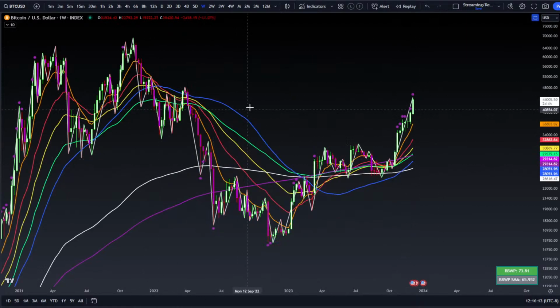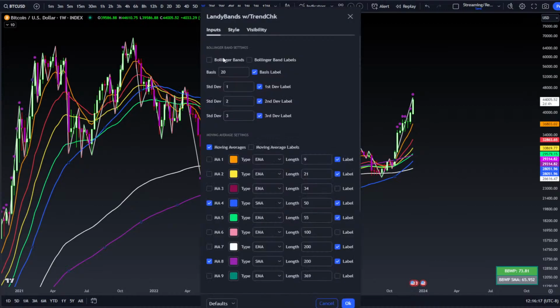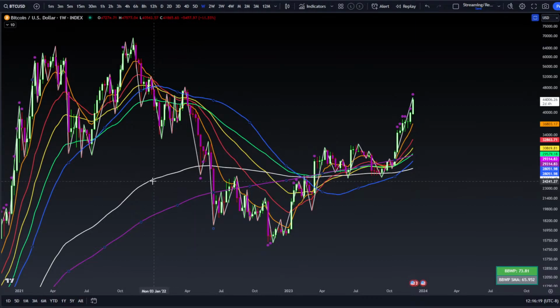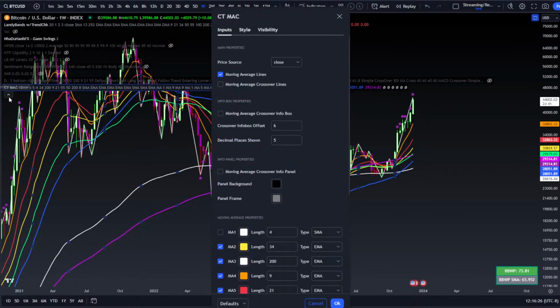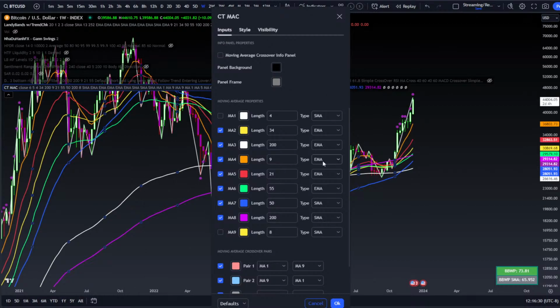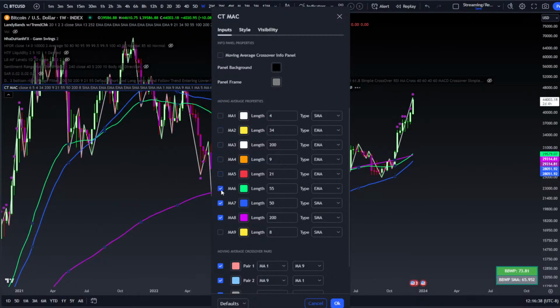So with this indicator, it's moving averages, right? You can come in here and change some settings. We can turn on and off the moving averages here, but we just want the 50 simple and the 200 simple, and that is going to be MA number 7 and 8.